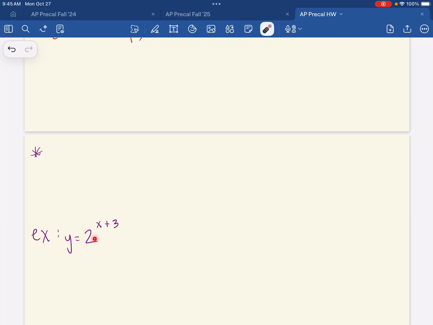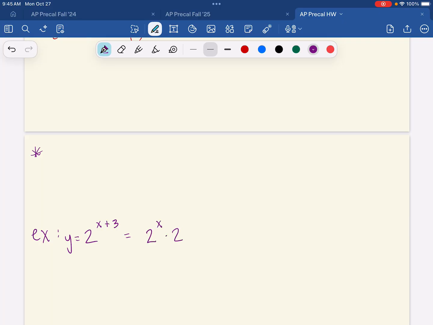So if I see one base and the exponent has addition, it's equivalent to separating it into 2 to the x times 2 to the third. Right? This is true. If we see two bases that are the same, their exponents get to add when those multiply together, the two expressions. So then I could rewrite this and say, okay, 2 to the third is 8. This is the same as 8 times 2 to the x.